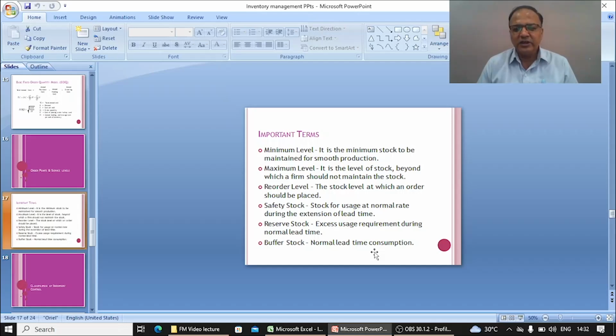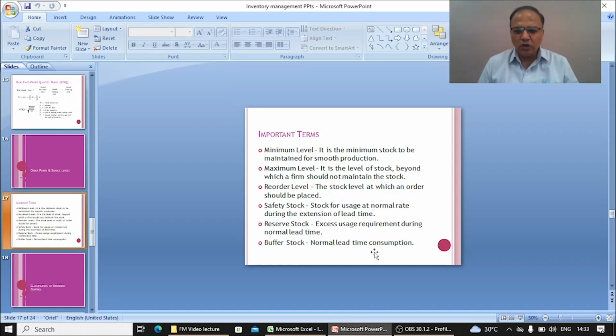If an organization has a minimum level of 5 lakh units, a maximum level of 9 lakh, and if reorder level is 7 lakh, then it means normally reorder level is a level between minimum level and maximum level, because there is no need to reach the minimum level to reorder, but you have to reorder before touching the minimum level.